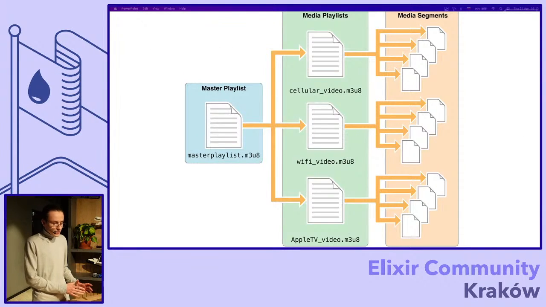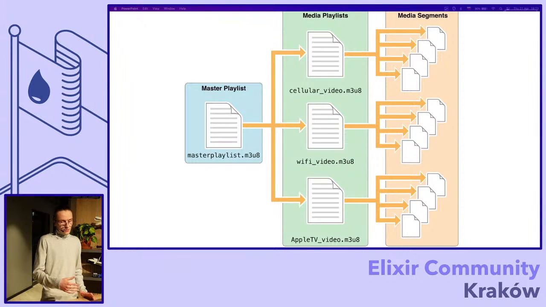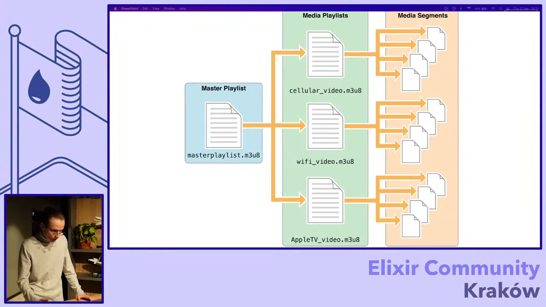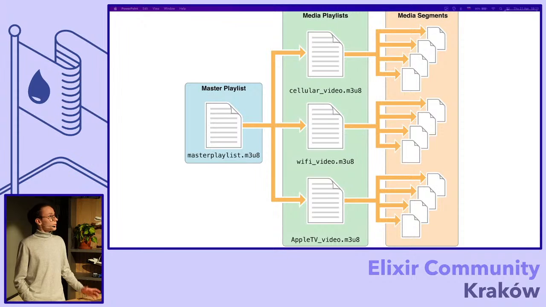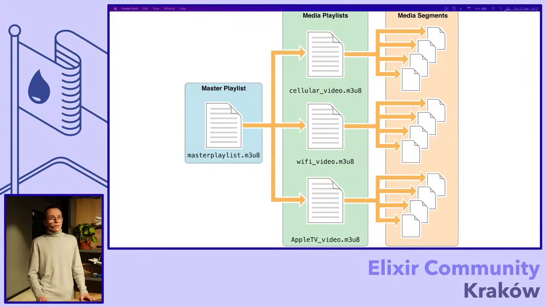So we have a playlist where we define these media types, and we have some segments. Simply put, this master playlist defines, for example, different video qualities.